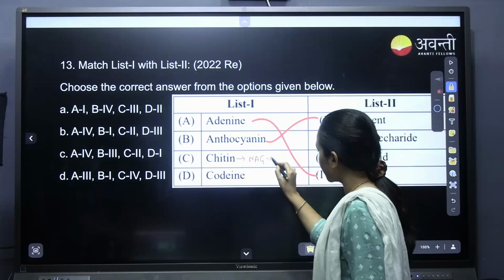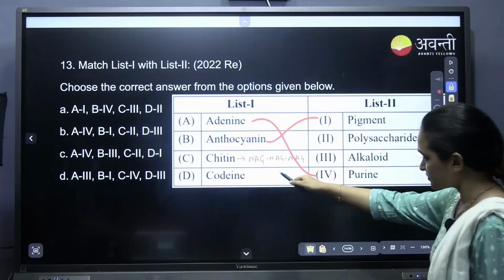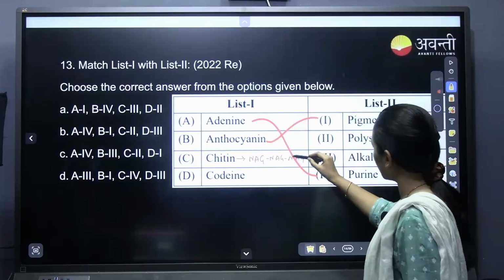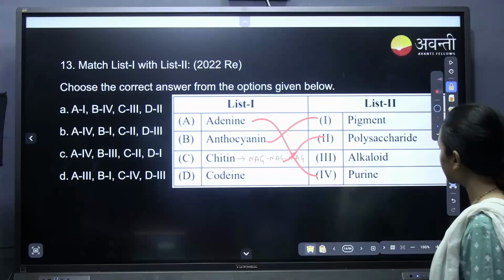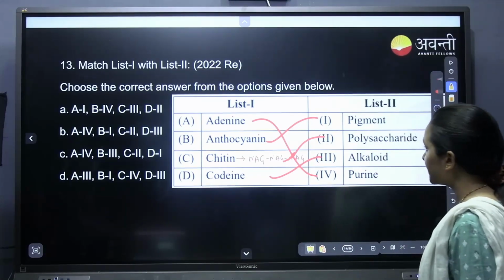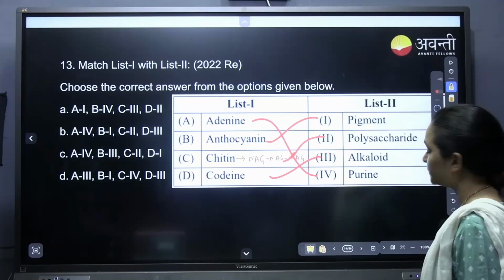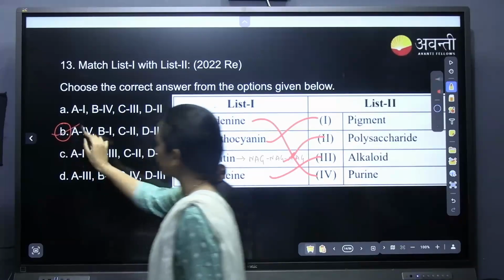NAG continuously forms bonds like that, so chitin is a polysaccharide. Codeine is an alkaloid. Morphine and codeine are both alkaloids. So that makes A4, B1, that is B for Bombay, the right answer.